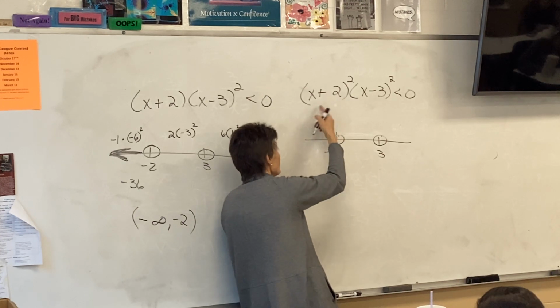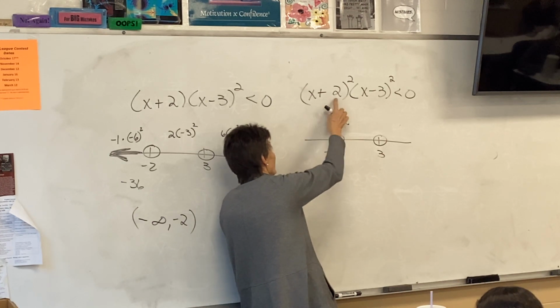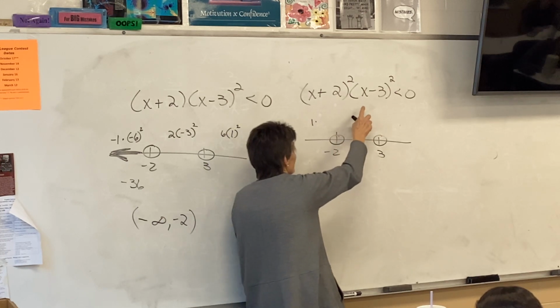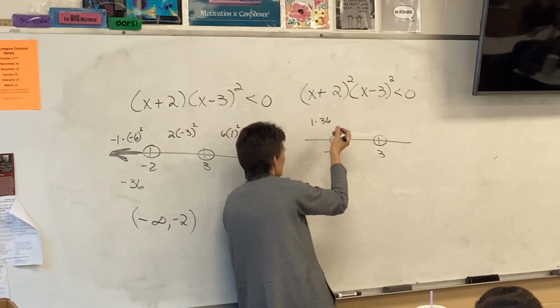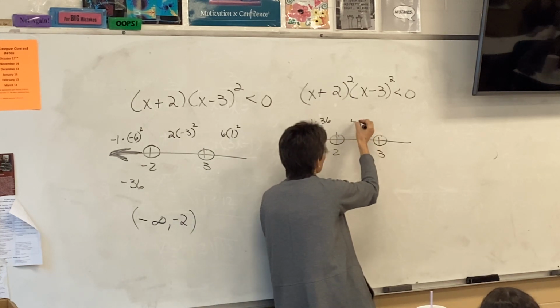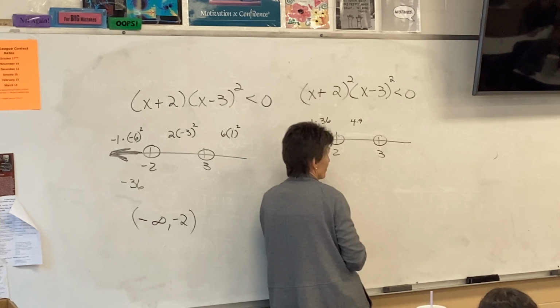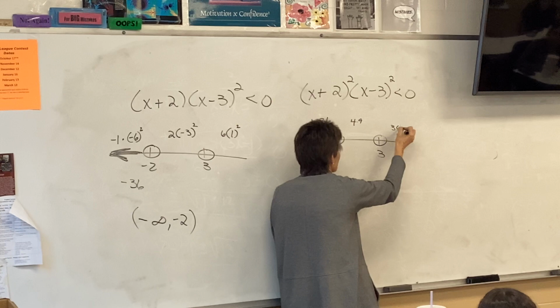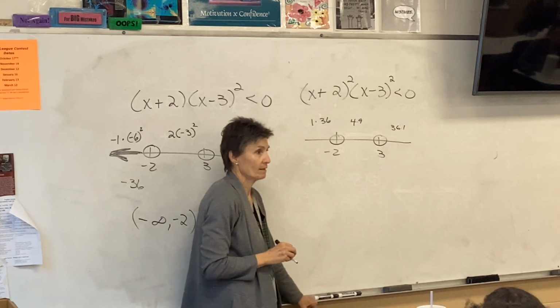Okay, so I can go ahead and do the math. I put in -3, so that's gonna be 1 times 36. That's not negative. If I put in 0, I get 4 times 9, that's not negative. And if I put in 4, I get 36 times 1, that's not negative.